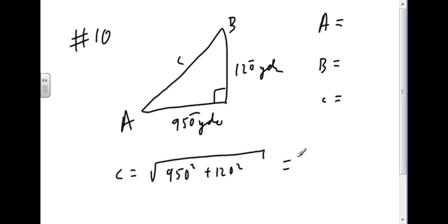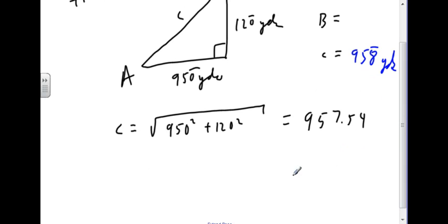Square root of 950 squared plus 120 squared, close parentheses. Syntax error. There, no close parentheses. Okay, so I get 957.54. I'm only going to keep 3 significant digits, so I'm going to call it 958 yards.